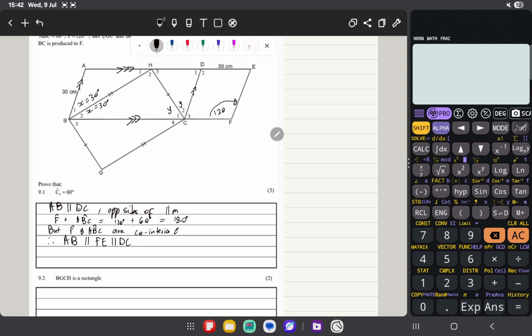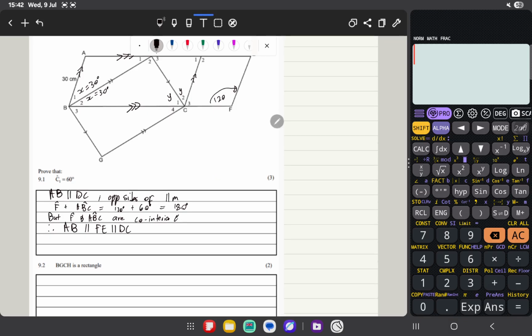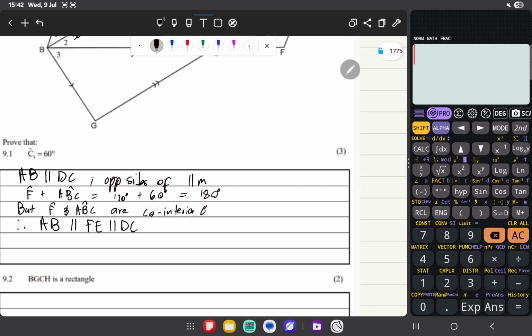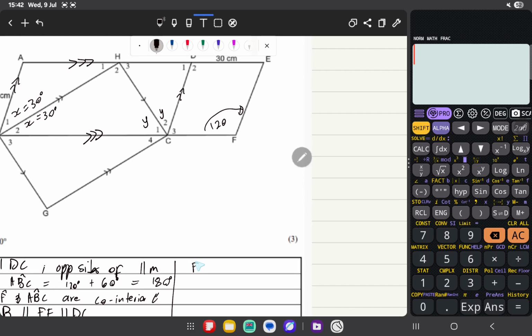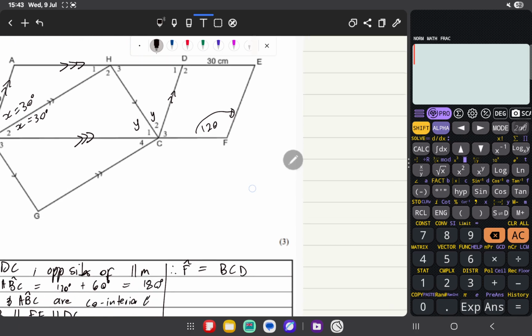And then I go on to say that angle F is equal to angle BCD, right?